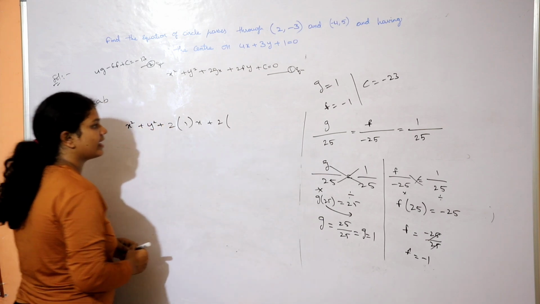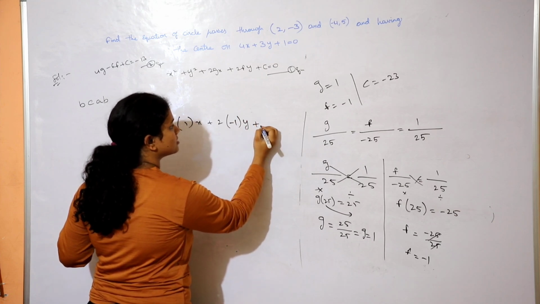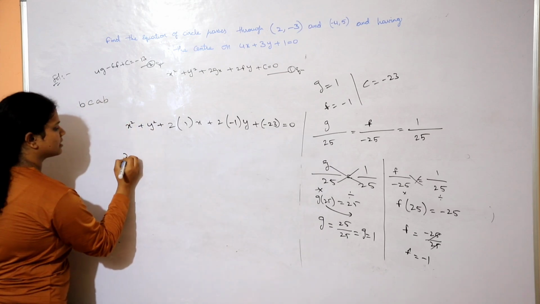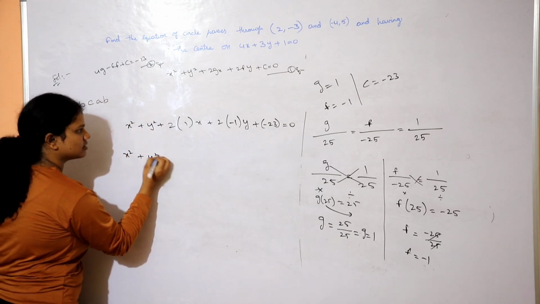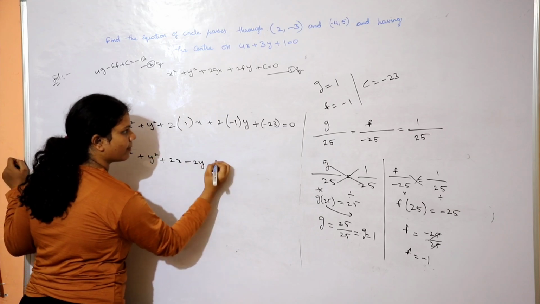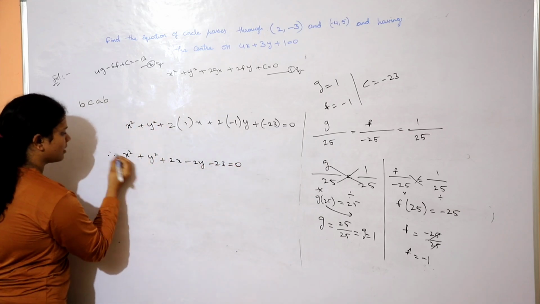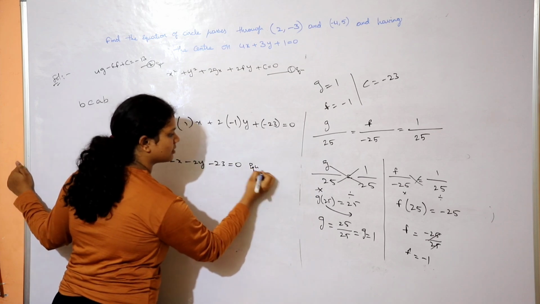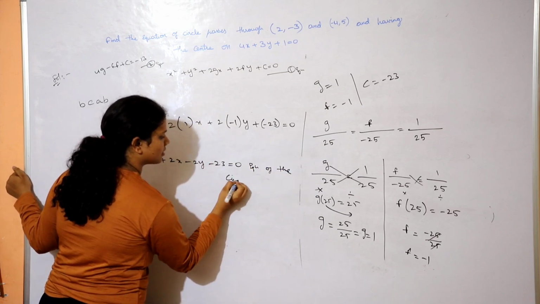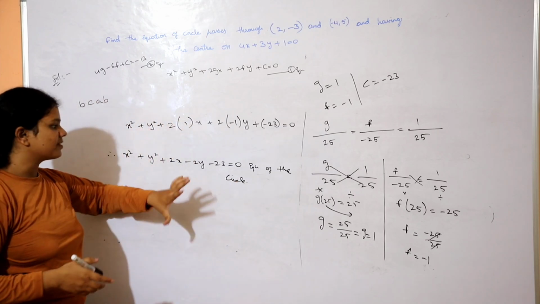So 2 into 1x plus 2 into minus 1y plus minus 23 equals 0. Now keep on simplifying. This becomes x square plus y square plus 2x minus 2y minus 23 equals 0. So this is the equation of the circle. Clear? Guys, this is the equation of the circle.